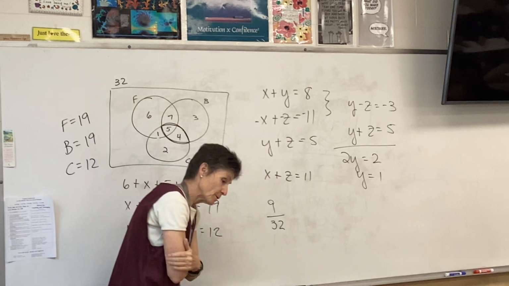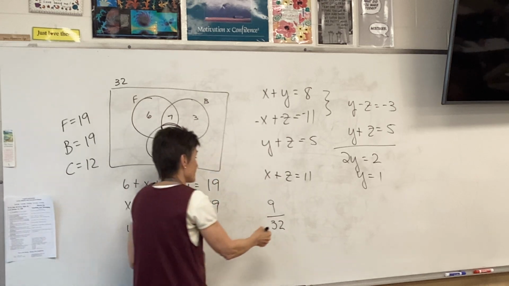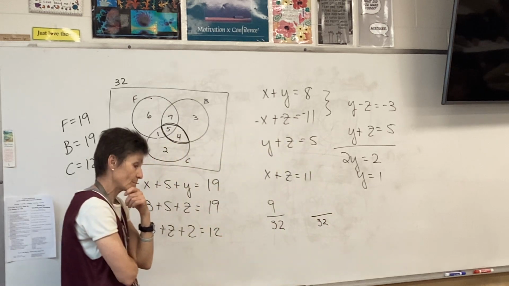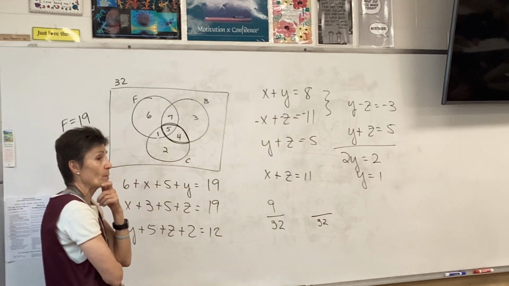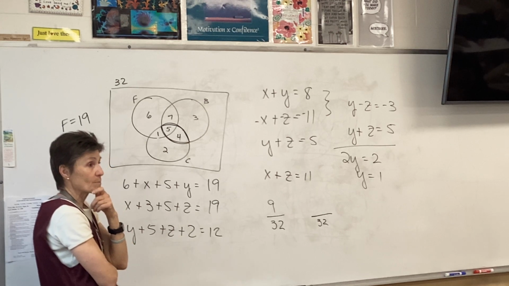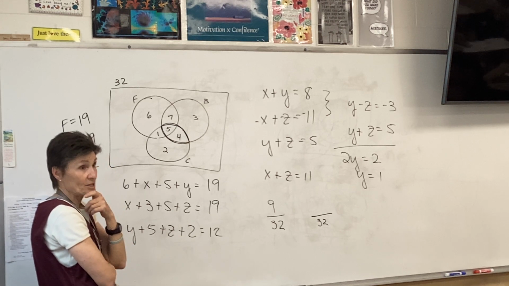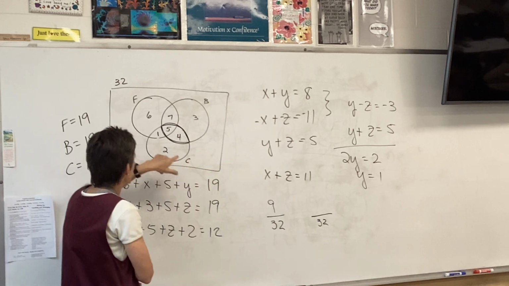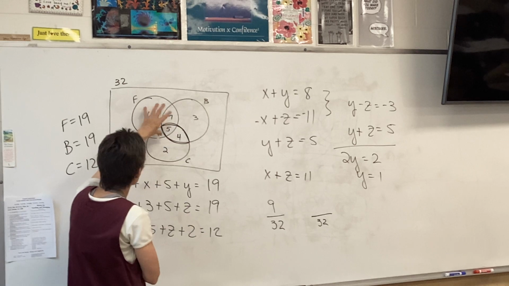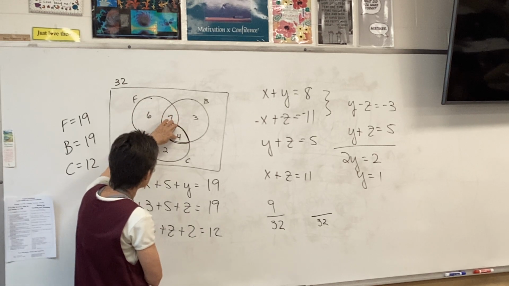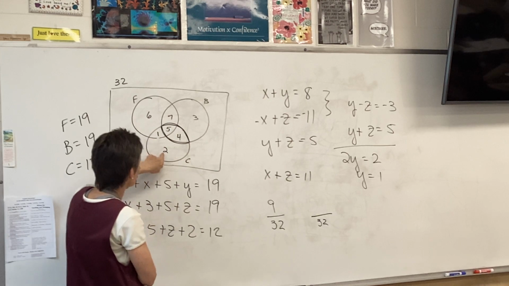All right, reach in, grab a kid out of the class. What's the probability he won't like any of these cars? How are we going to figure that out? Add them up, subtract from 32, and see how many are hanging around out here. So let's see, I know F is 19, 22, 26, I got 28.